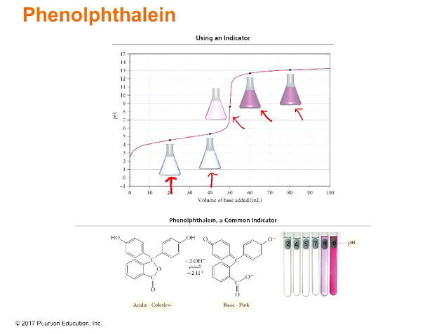So you'll notice down below that we have the structure of phenolphthalein in acidic solution, and then we have the structure of phenolphthalein in basic solution. So a couple of changes take place here. You'll notice that this OH group changes to a double bond between oxygen and that carbon.